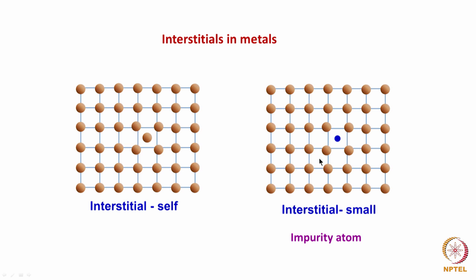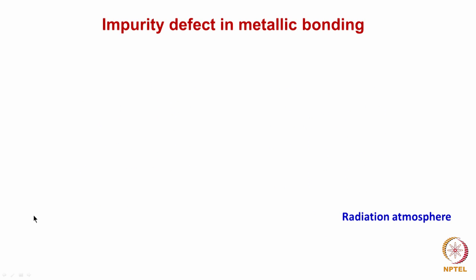So this is essentially an impurity atom, and this impurity atom is always externally added. In the earlier case, I had not mentioned how this atom is coming into this lattice site, which we will talk about later. Let us consider the case of an impurity which is added to a substitutional site.